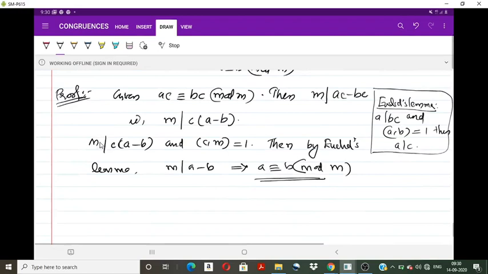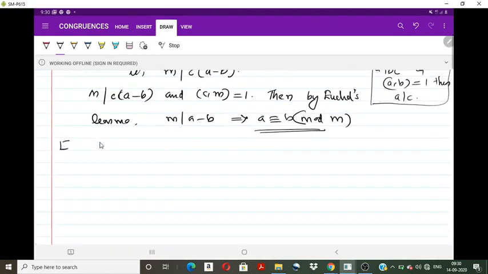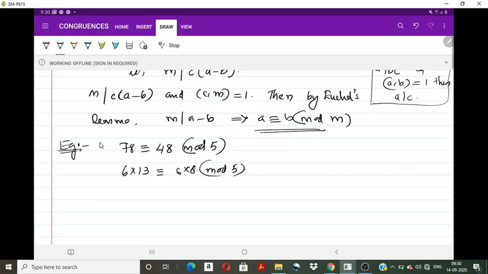So we can verify this theorem in an example. Consider the relation 78 is congruent to 48 modulo 5. 6 is a common factor. We can write this as 6 into 13 congruent to 6 into 8 modulo 5. Here C is equal to 6. Now check the GCD of 6 with M, that is 6 and 5.